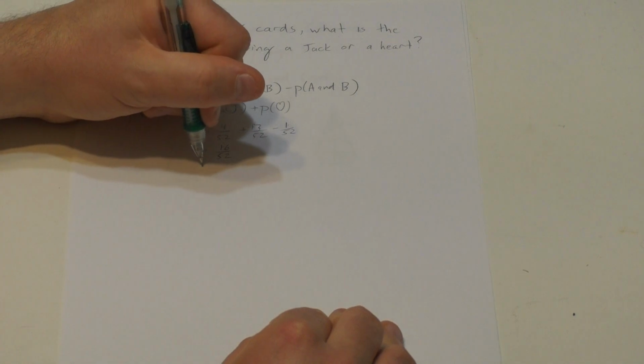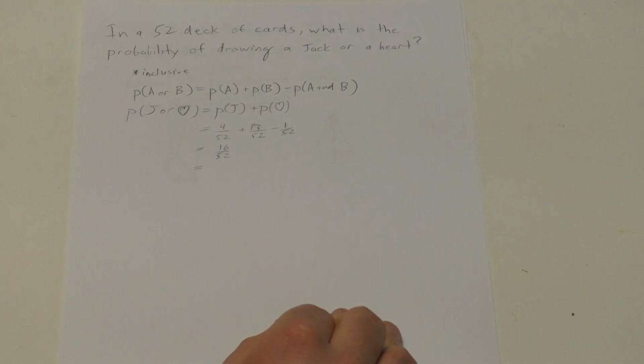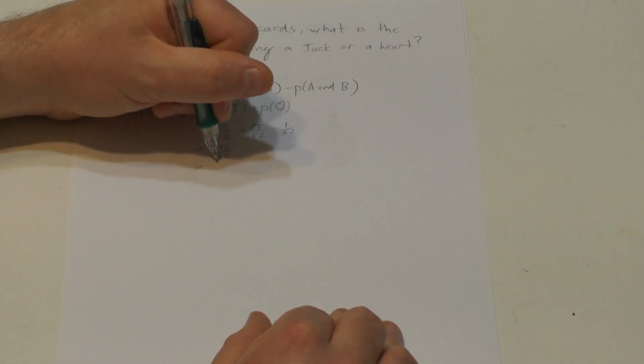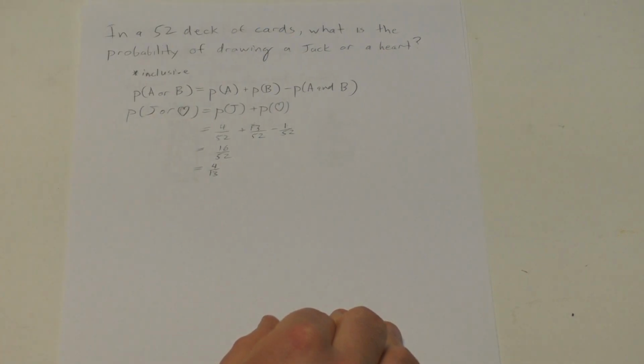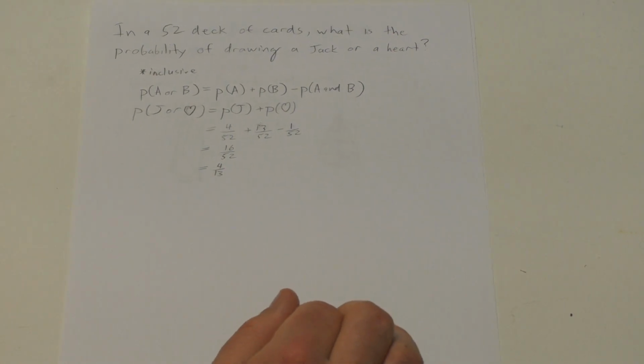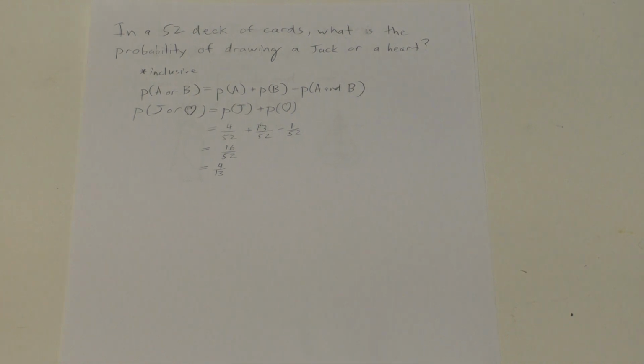Okay. We can reduce that down again. I think this would be about 4/13. Yeah, it'd be 4/13. Okay. So those are some problems and some stuff about probability. Good luck on your EOC.